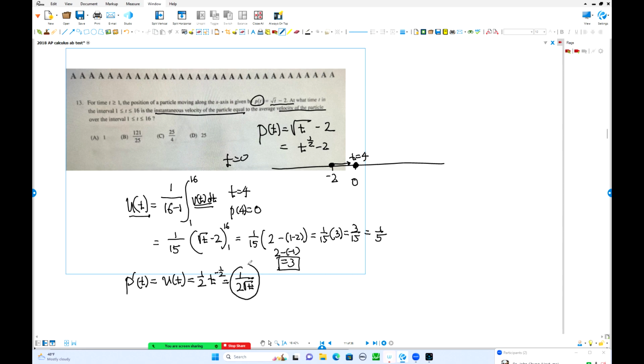This instantaneous slope must equal the average for some value of t, so we set them equal: 1 over 2 square root t equals 1 over 5. Cross multiplying, 5 equals 2 square root t. So square root t equals 5 over 2, and t equals 25 over 4.